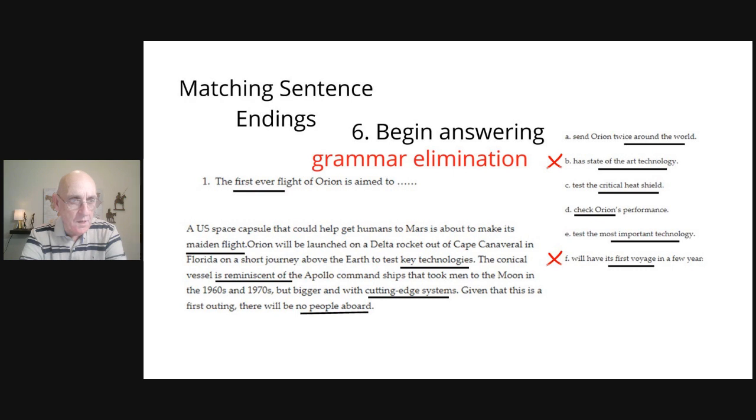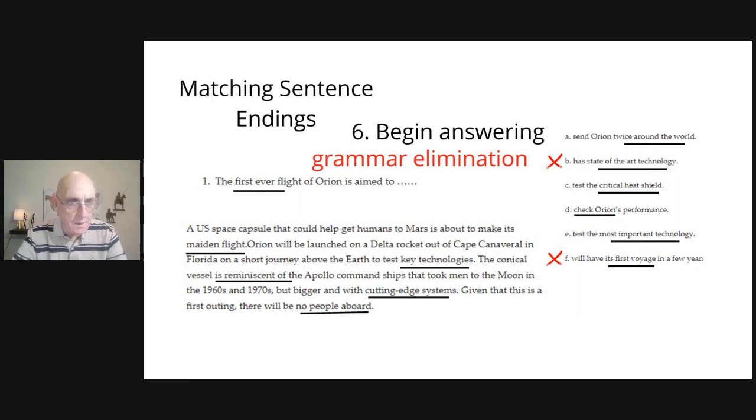So just by using grammar, without even looking at the text, we can tell that these are not options for this answer. So the process of elimination can be a very simple and useful way to get the correct answer when it comes to this question.